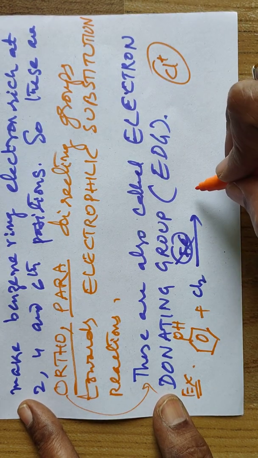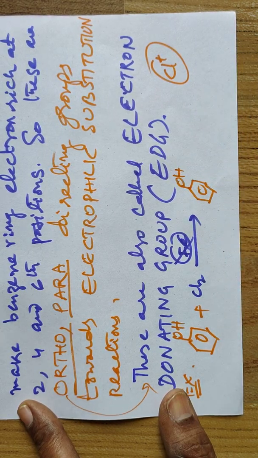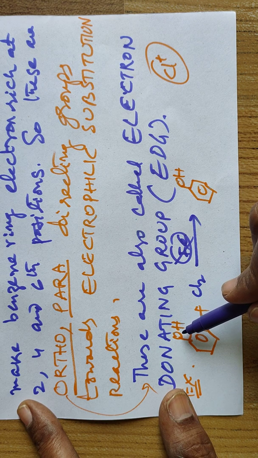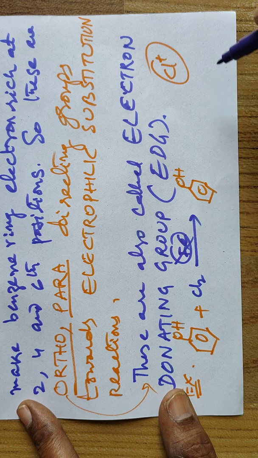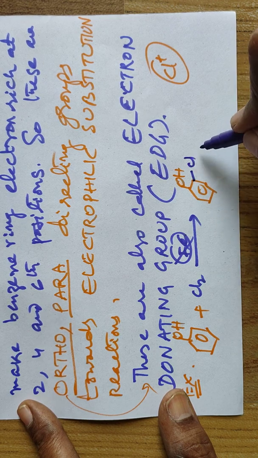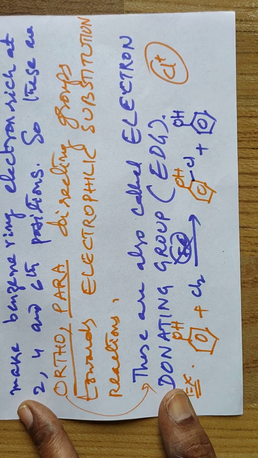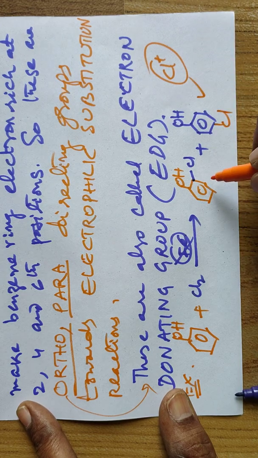At which position does it attack? The answer is the same benzene ring, OH is undisturbed, and there is a Cl, like already one child to the parent and the second child is coming, invited by the first one with love or some repulsions, because quarreling is also happening. This is at the second position, plus at which position? Yes, at the fourth position. This is your answer, but not the third position.